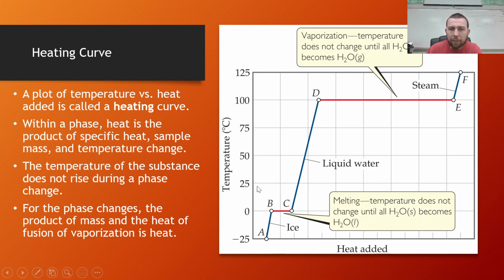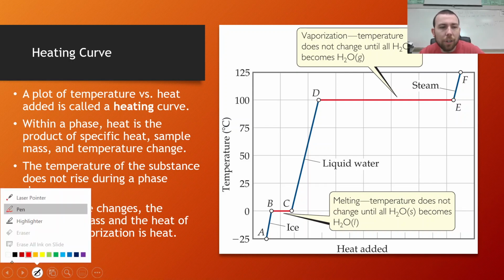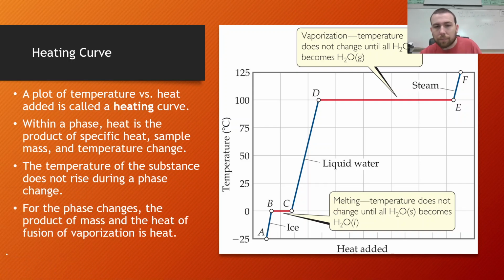Now, on this graph, you can see you've got several sloped lines: A, B, C, D, and E, F. But then you also have some lines that have no slope at B, C, and D, E. So within a phase, like segments A, B, C, D, and E, F, the temperature of that object is changing.